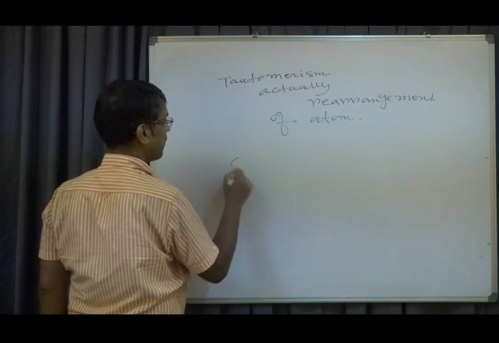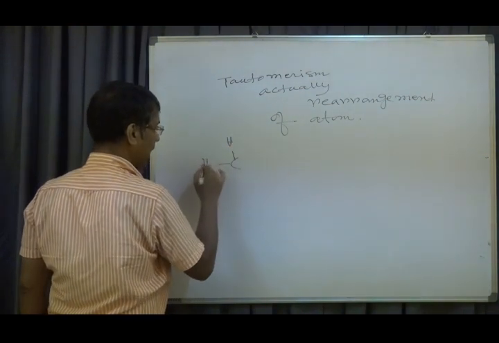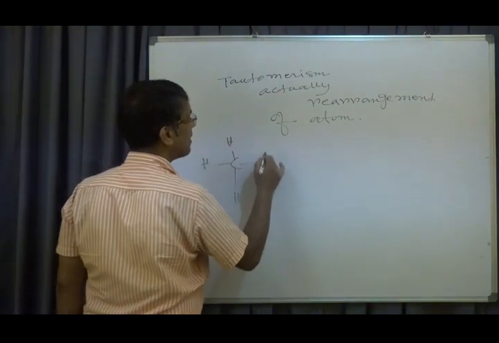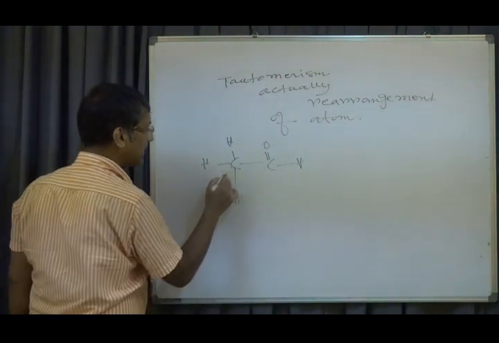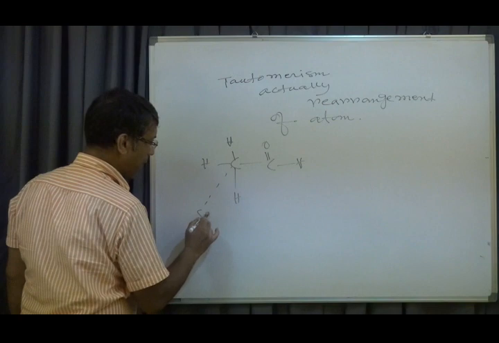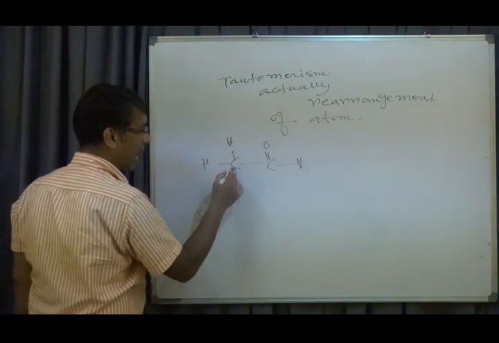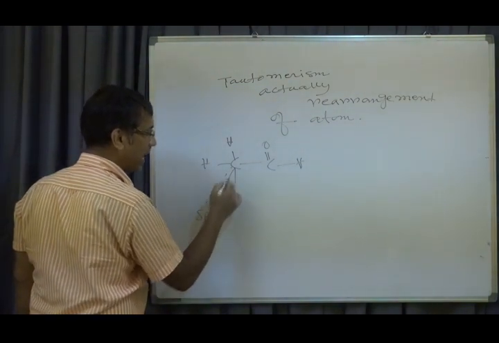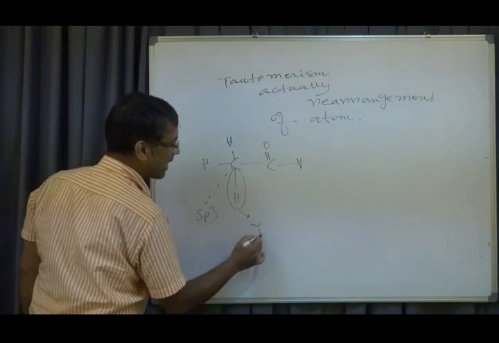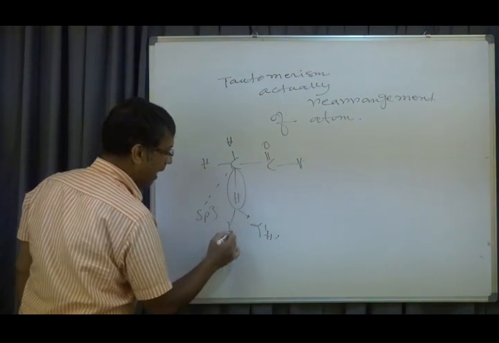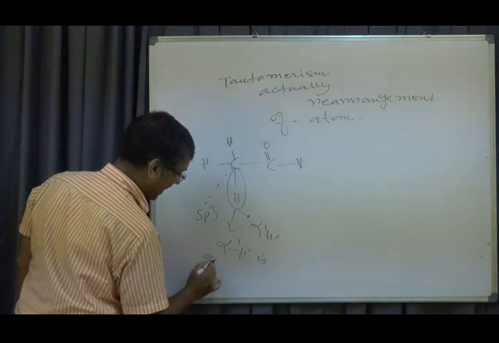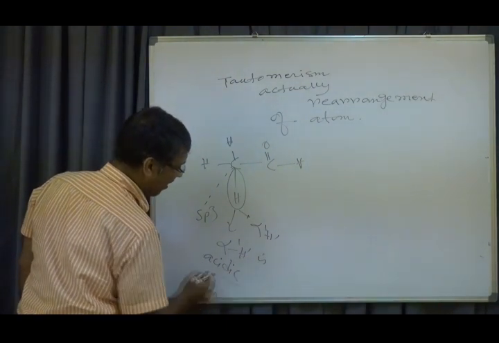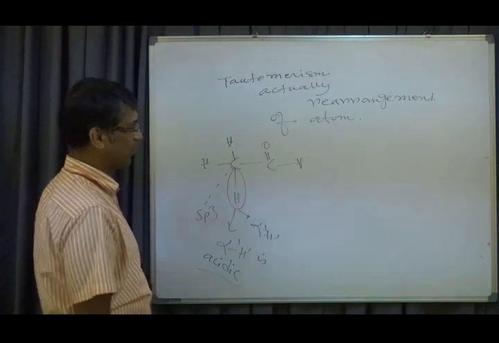See that in acetaldehyde, this carbon is sp3 hybridized and at the sp3 hybridized carbon an alpha hydrogen is there, and alpha hydrogen is acidic. Generally alpha hydrogen is acidic.